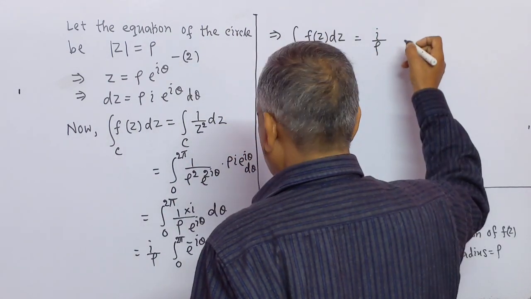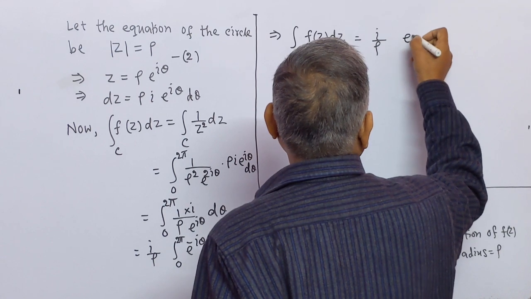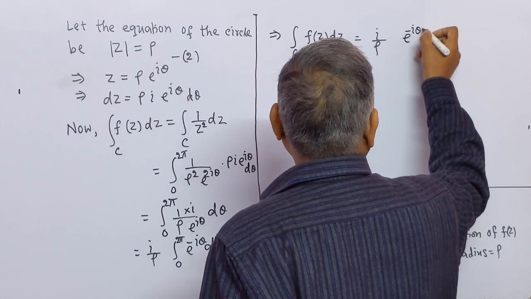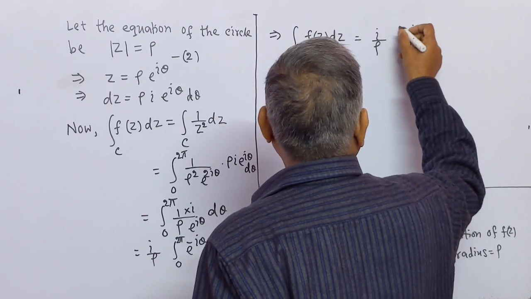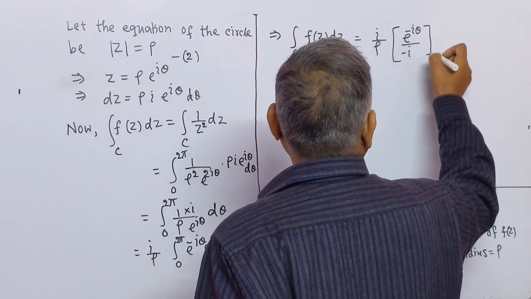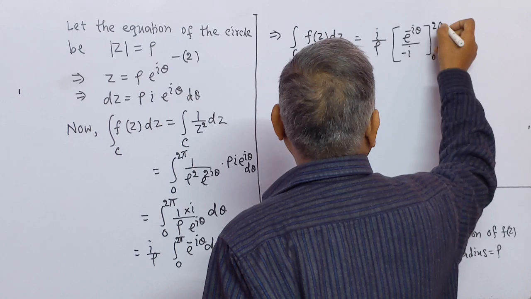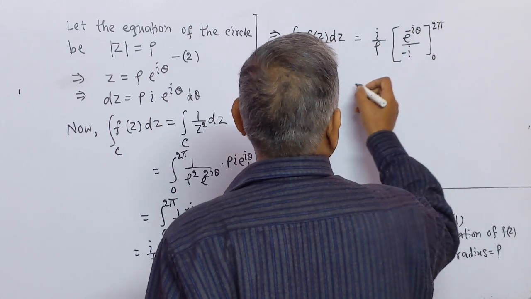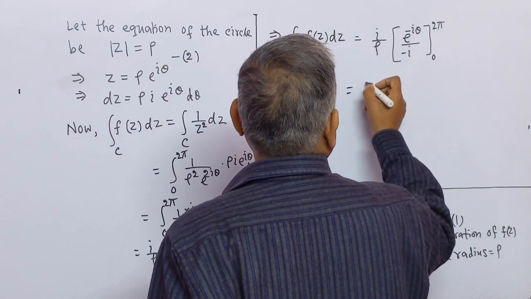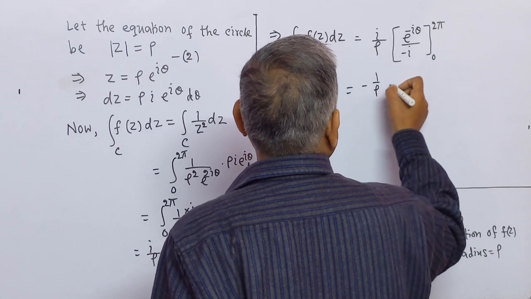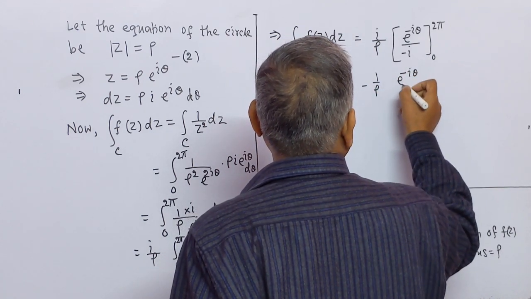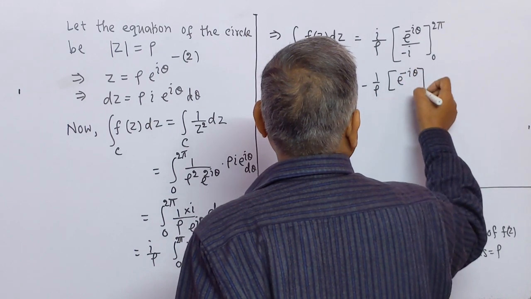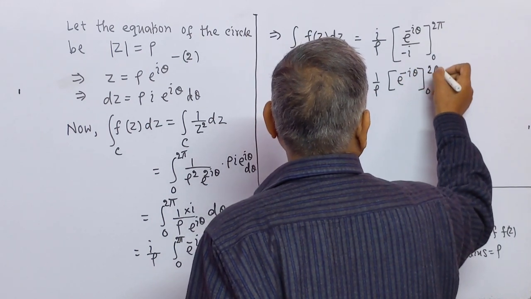Here the integral is e to the power minus i theta by minus i, limit 0 to 2 pi. i cancels, minus 1 by rho e to the power minus i theta, limit 0 to 2 pi.